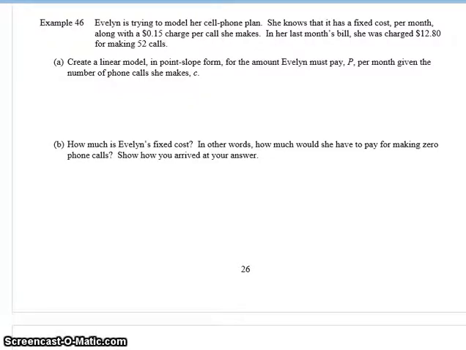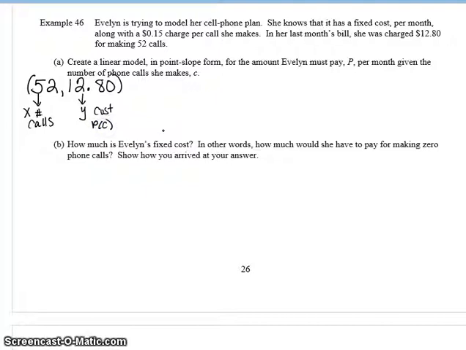Okay, so they kind of gave us an x-y thing here. So if my x is representing number of calls, she made 52 calls, okay? So that's x, the number of calls. And when Evelyn made 52 calls, her total monthly cell phone bill was $12.80. So that y is representing the cost. So that's like P of C, right?